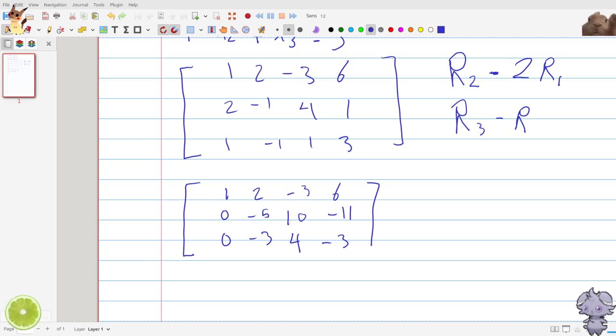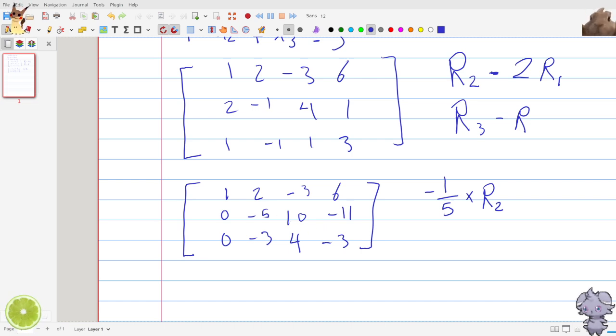So yeah, and from here we have to get rid of this minus 5. So we multiply the second row by the reciprocal, negative one fifth, and after that it will become 1.